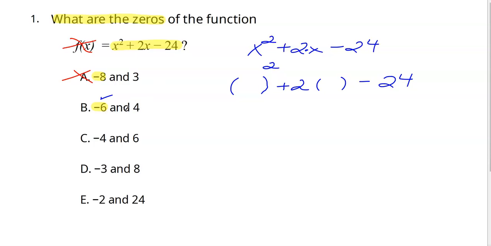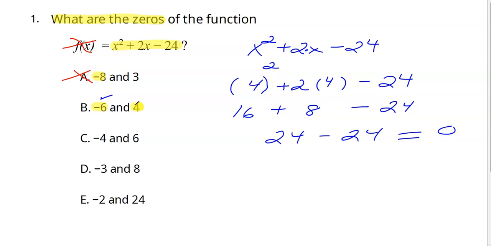All right, now we're looking at 4. So I'm going to highlight the 4 so you're clear on the fact that I'm focusing on the 4 here. So I'll replace the x with 4 here, right there. 4 squared is 16, plus 2 times 4 is 8, minus 24. 16 plus 8 is 24, minus 24 is 0.